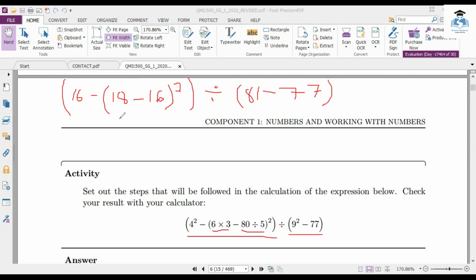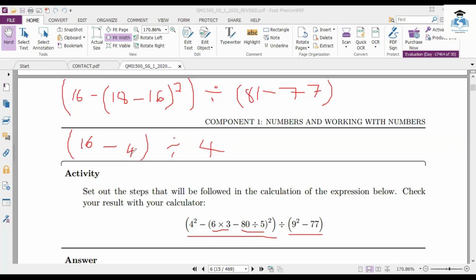So here we evaluate this one. 16 minus 18 minus 16 is 2. Then 2 to the power 2, 4. Divided by 81 minus 77, we have got 4, right?